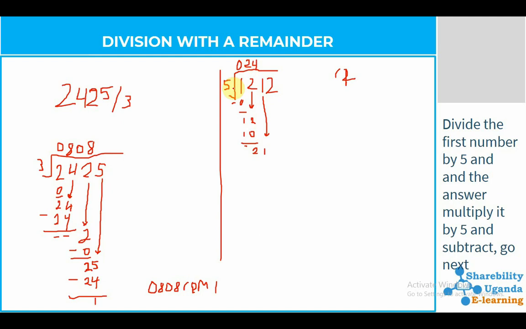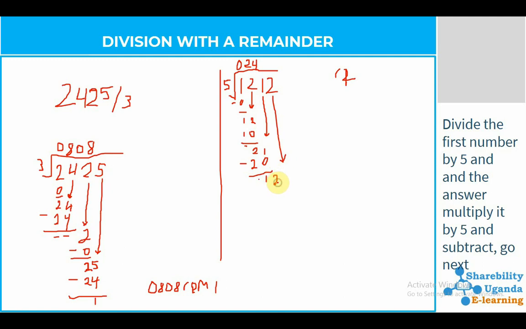What is 4 times 5? We get a 20. When you subtract this, we get a 1 here and a naught here. So we remain with the 1 here again.